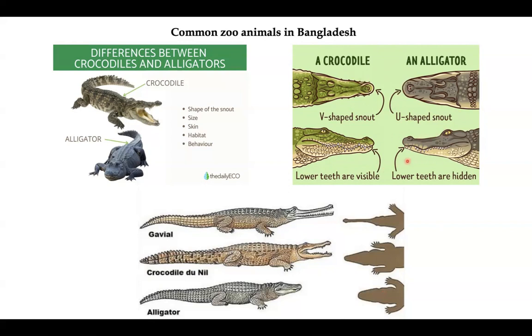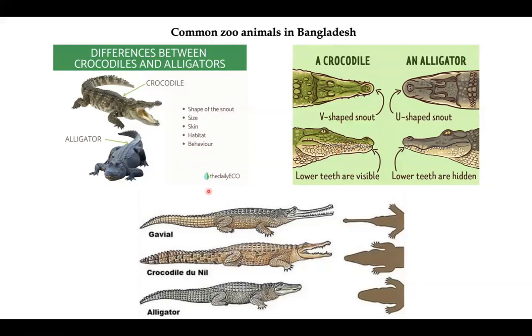And for the teeth formation, both of the animals have teeth in both jaws. But for the crocodile, we can see both jaws' teeth from the side view. Lower teeth and upper teeth both are visible. But for the alligator, only the upper teeth are visible.